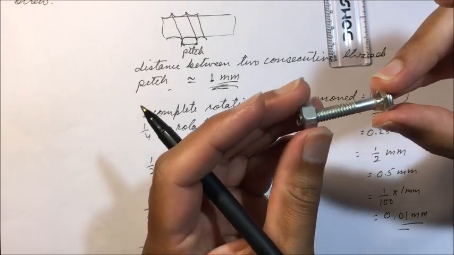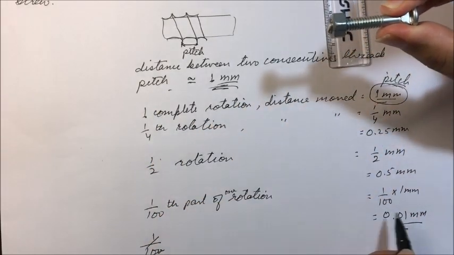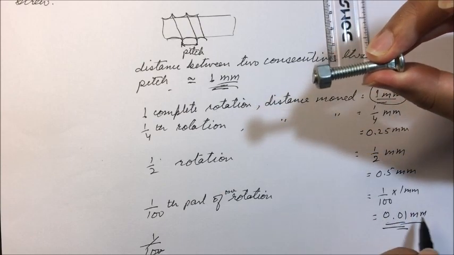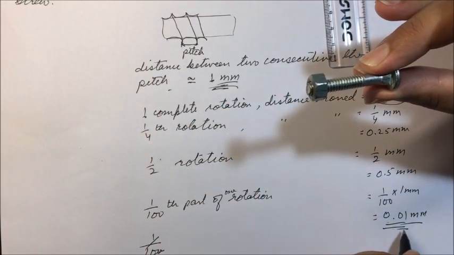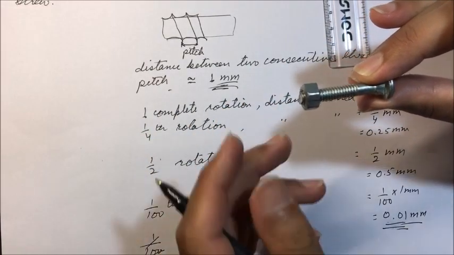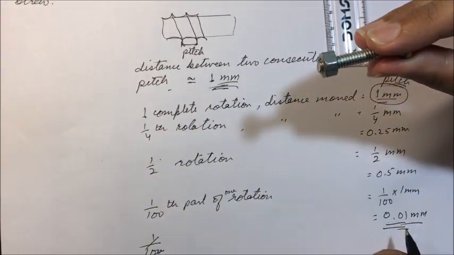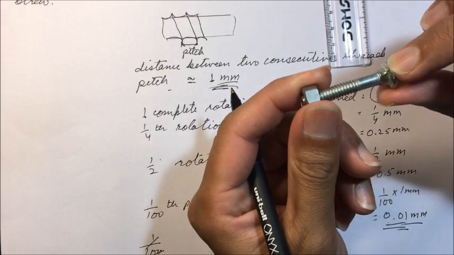If I move it by one division, the distance moved linearly will be 100th of 1 mm, that is 0.01 mm, and this is the least measurement we can make using this screw. When we rotate by just one division, it moves 0.01 mm.